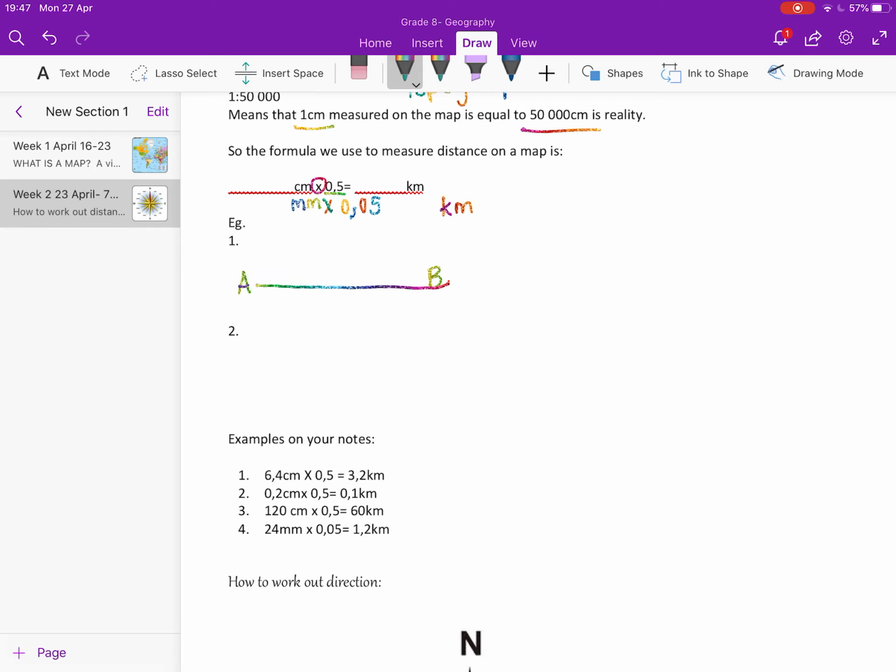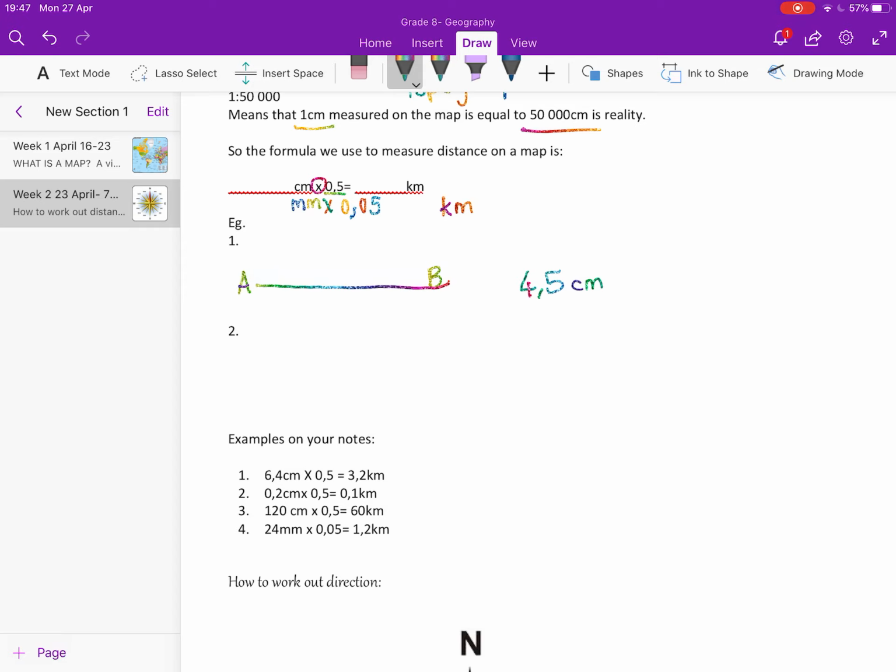Let's see if you can do that. Obviously it's a little bit hard if it's on a computer. You have to put your ruler on the computer or on a tablet or whatever you're using. So let's just estimate that this line is 4,5 centimeters long.